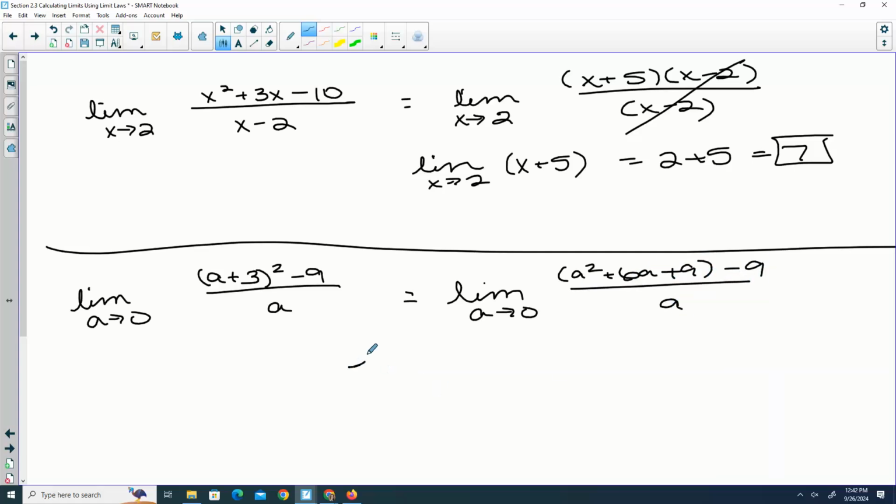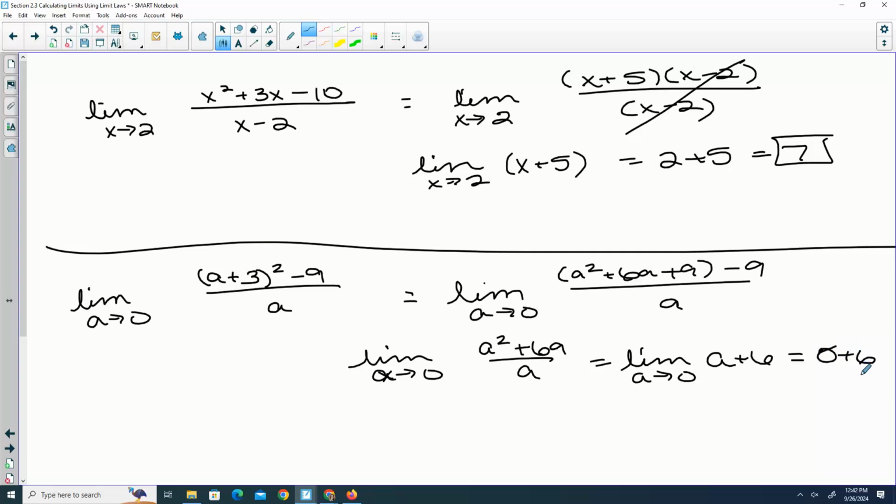Then what happens? Get rid of the 9s. So the 9s cancel. You can divide everything by a. Notice I'm writing my limit on every step. Then if you plug in 0, 0 plus 6 is 6. So we can get that limit.